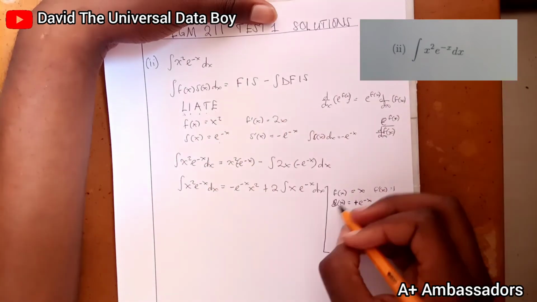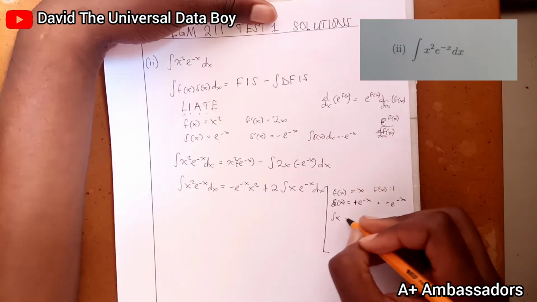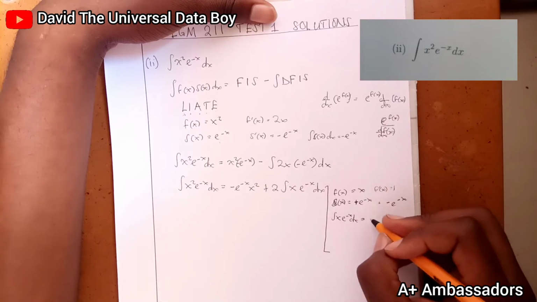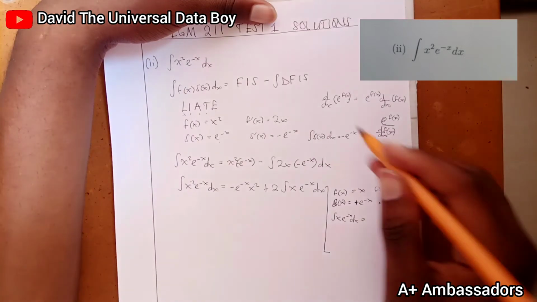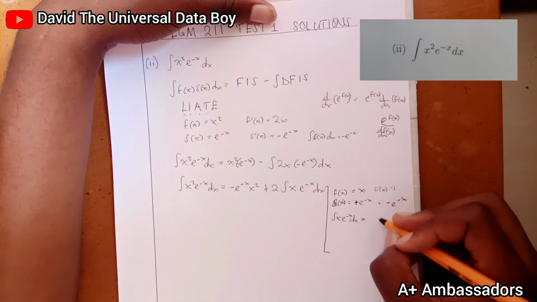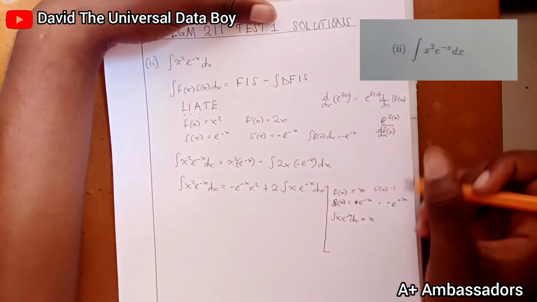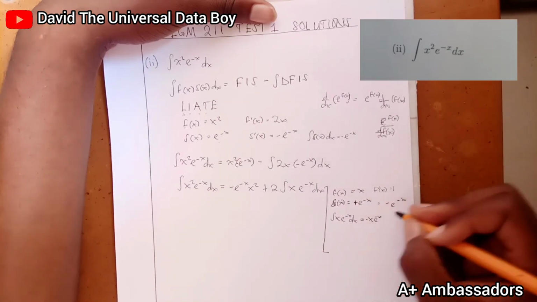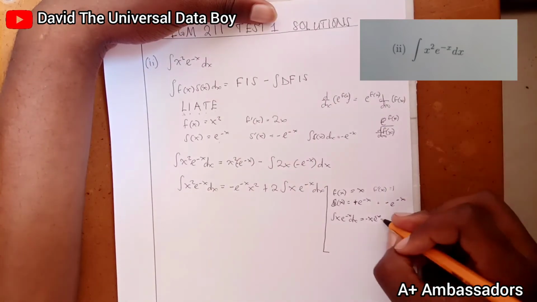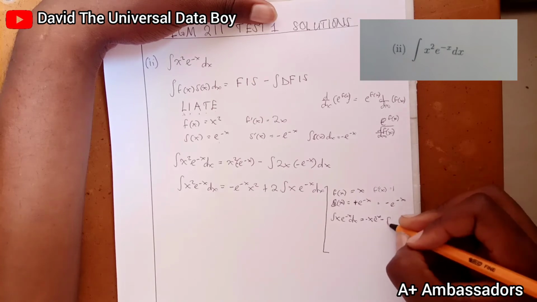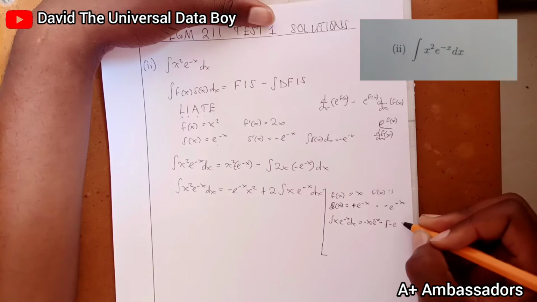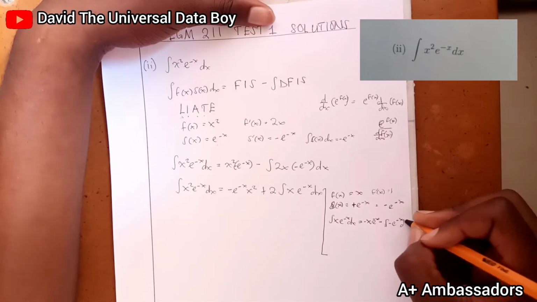So then when we apply this, we're going to get the integral of x e to the power negative x dx will be equal to the first function x, times the integral of the second function, and we can put the negative there, e to the power negative x, and then minus the integral of the derivative of the first function, which is just 1, times the integral of the second function, negative e to the power negative x dx.